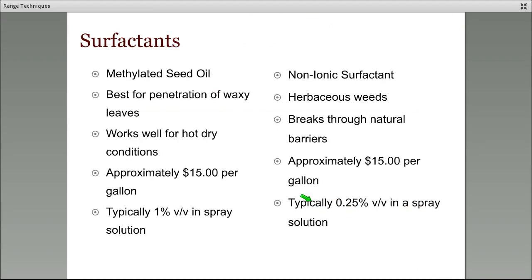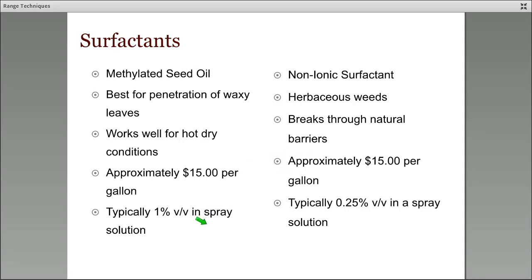So if we do a few fast facts, kind of reviewing the two types of surfactants, a methylated seed oil is best for penetration of waxy leaves. Works well in hot and dry conditions. It's approximately 15 to 20 bucks a gallon. And if you compare the prices of a non-ionic and an MSO, they're about the same per gallon.